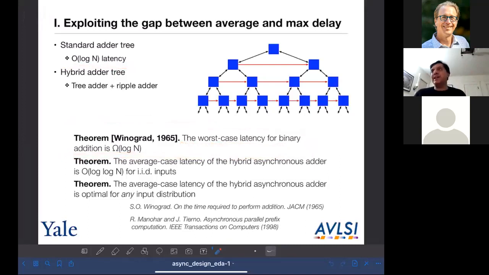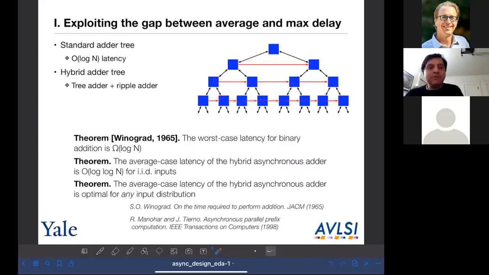But that's the worst case. And the question is, what could you do on average? And it turns out that what we showed is, here's my tree adder where I'm propagating my carry calculation up a tree. If I do that in parallel with a ripple carry adder and simply take the result that shows up first, okay? So it turns out you can do a ripple carry adder at every level of the tree.